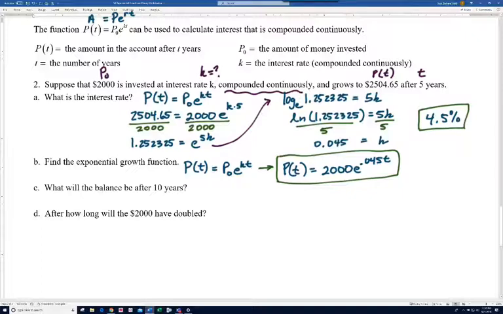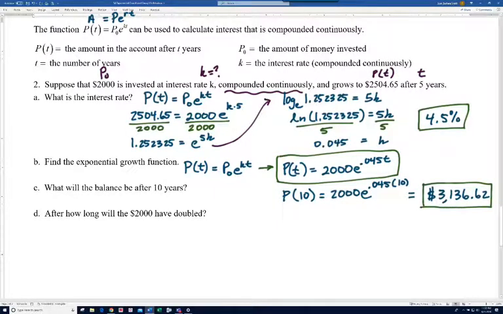So in this case our t is 10. So we're going to plug t into the formula, and when you do that, you get $3,136.62. So actually it's not a formula, it's really a function.